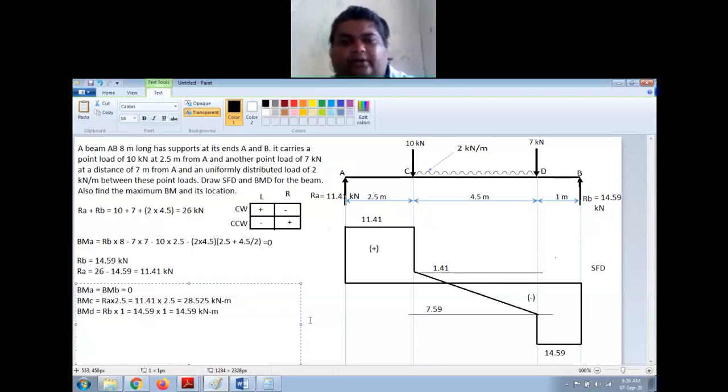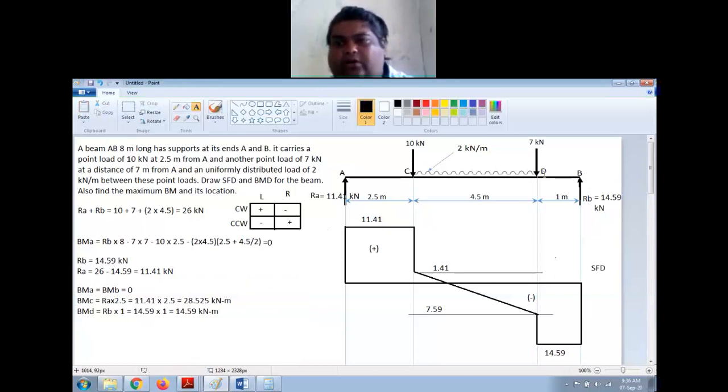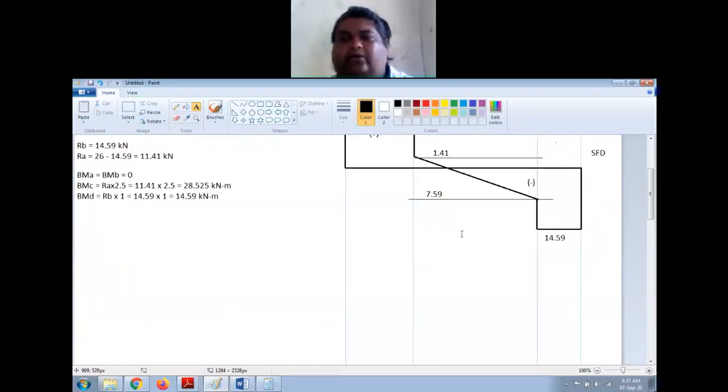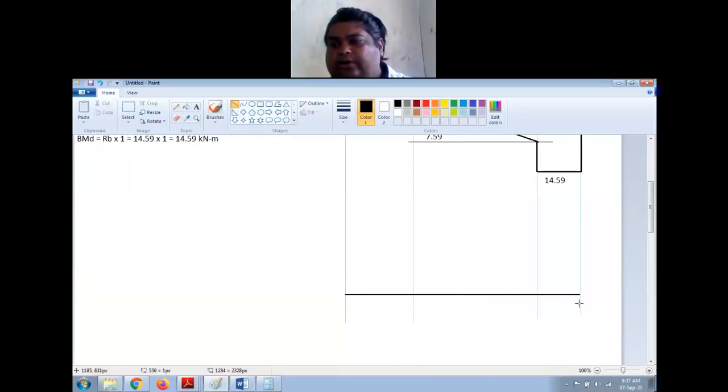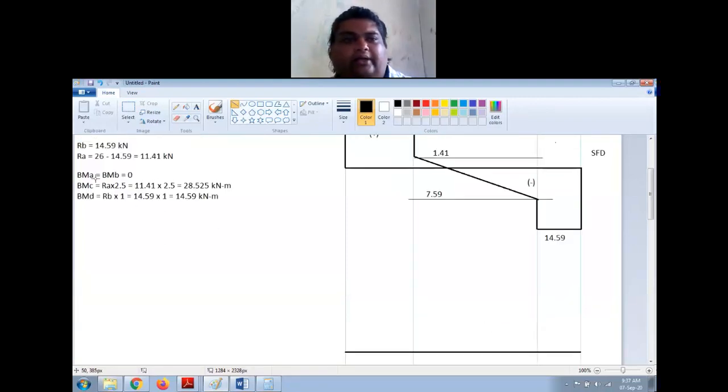Fine. Now I have the bending moment at all the salient points. I can draw the BMD. But there is a catch. I will tell you what is that. So for drawing the BMD, you draw a horizontal line first. Now at A and B, the BM is 0.